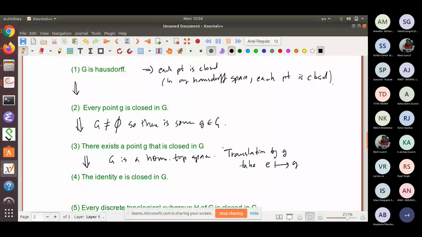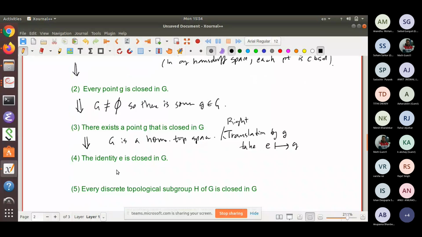But for the sake of definiteness, let us say right. We could have said left. And so a self-homeomorphism carries the point G to the point E, and under any homeomorphism, closed sets go to closed sets. So if G is closed, then E is closed, or if E is closed, G is closed. So this implies this.